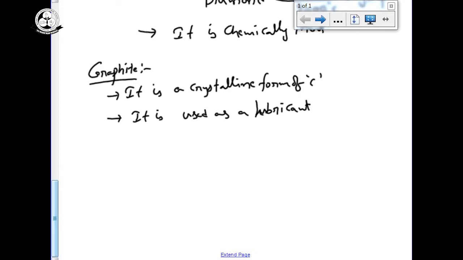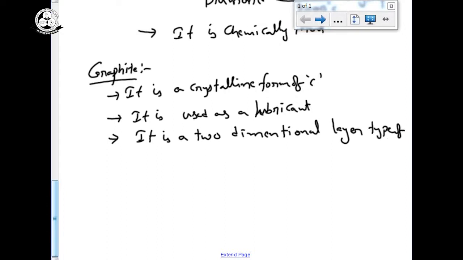Graphite has a two-dimensional layer type of arrangement. Because of the layer type of arrangement, the bonds between the layers are very weak. So it has a slippery nature, and that's why it is used as a lubricant.